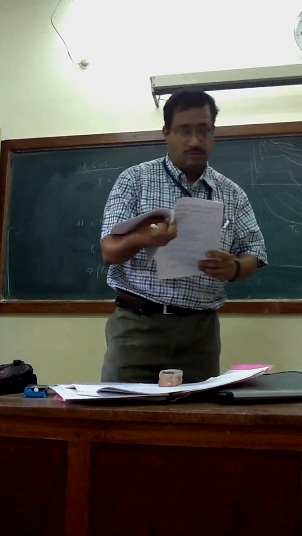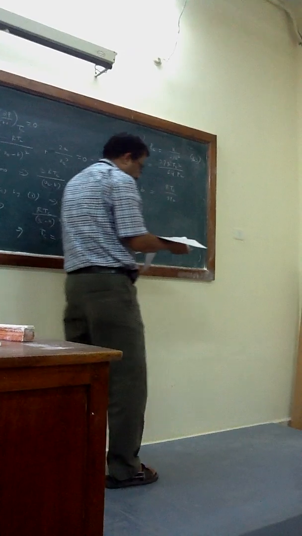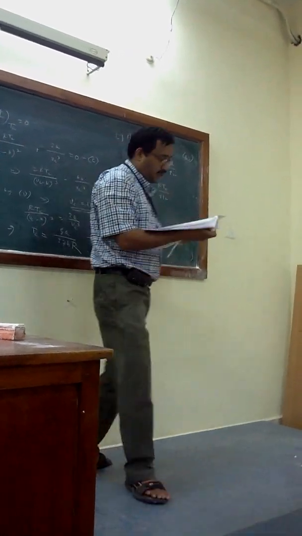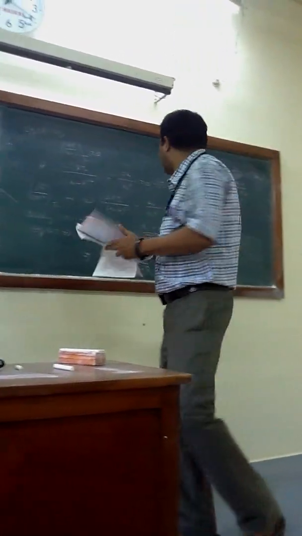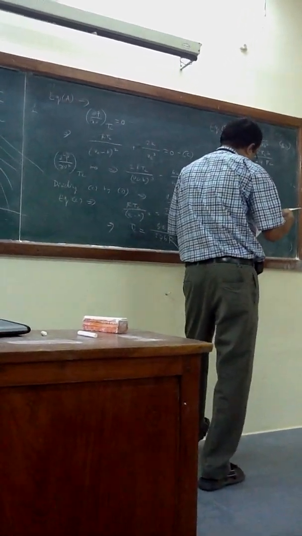Will that be the same? Will that be RTC by PC, or something else? For the A value, it is R square TC square by PC, but something else will be there. What is that?